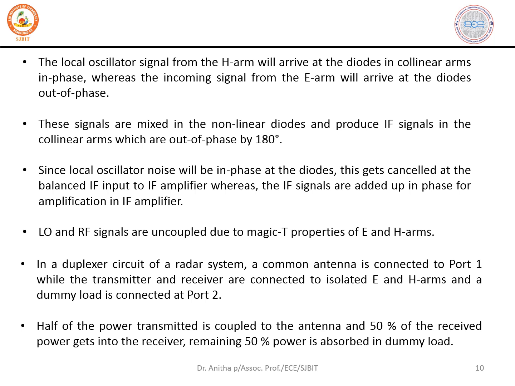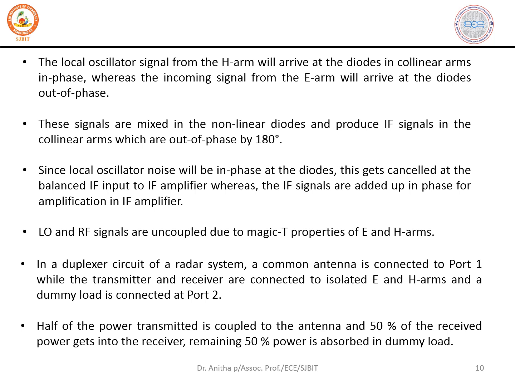Since the local oscillator noise will be in phase at the diodes, that will get cancelled at the balanced IF input to the IF amplifier, whereas the IF signals are added up in phase for amplification. Any noise signal gets cancelled, and any IF signal gets added up in phase. So the local oscillator and RF signals are uncoupled due to the Magic T, because according to the property of the Magic T, the E and H planes are isolated.